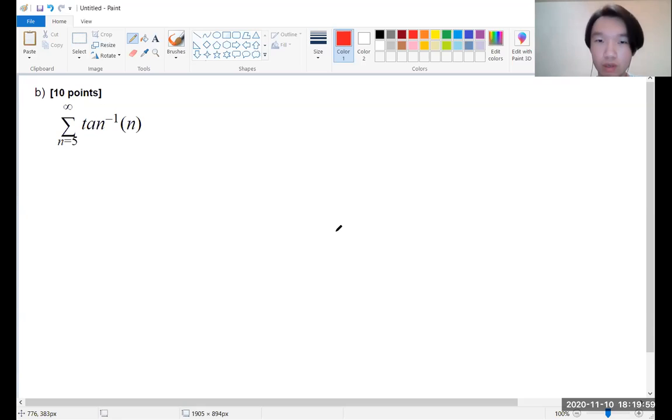I'm not sure if this is right, but can we do limits? It depends. If you're using a particular method that wants you to take a limit, then sure. But what are you thinking?